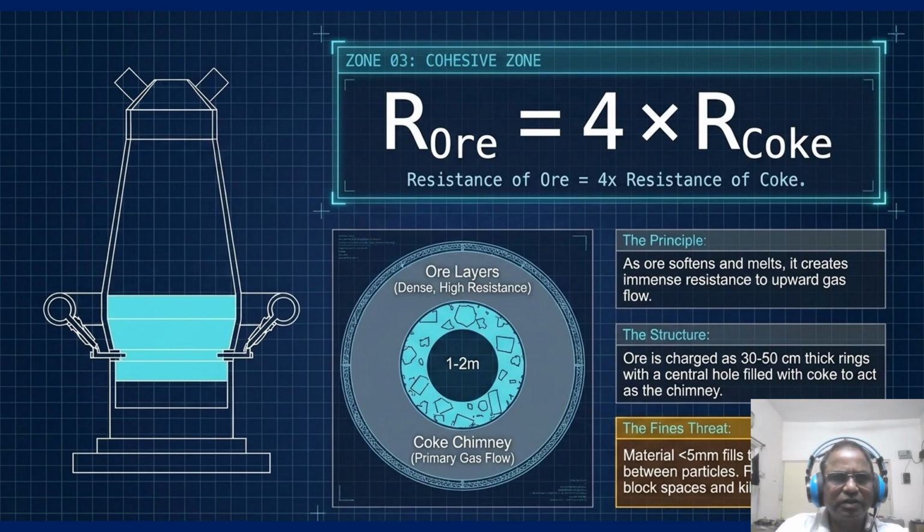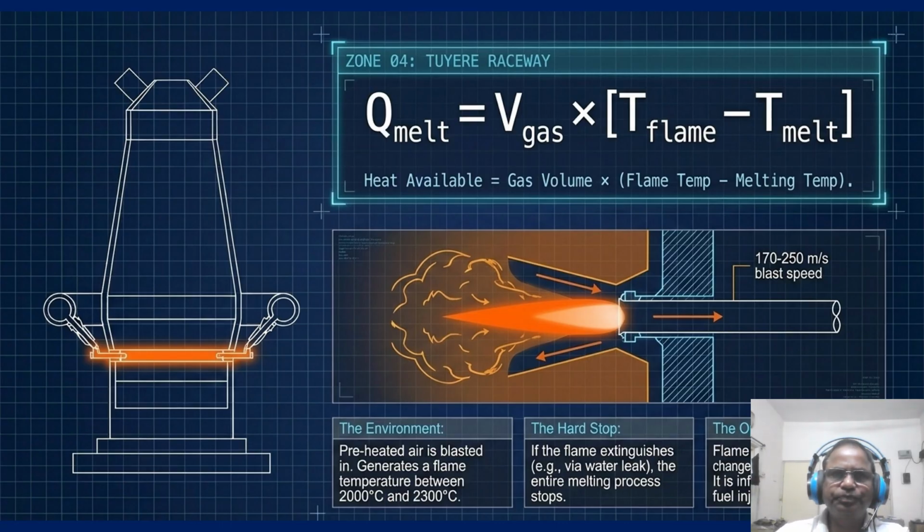So when gas cannot get through the center, it's forced to the wall, leading to heat loss and instability, carrying a lot of heat to the wall, where the cooling system drains these heat losses without getting utilized in melting or reducing the iron ore. So to keep the fines out, to keep the gas flowing, should be our objective for this zone, and this helps in meeting a consistent productivity.